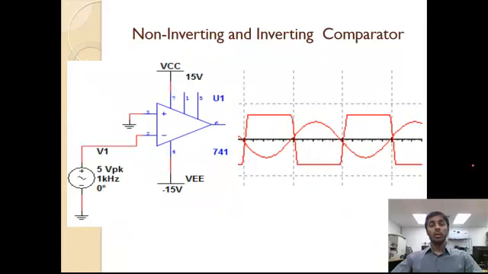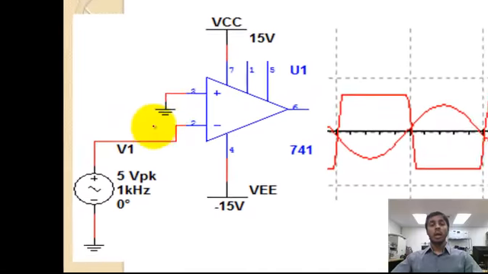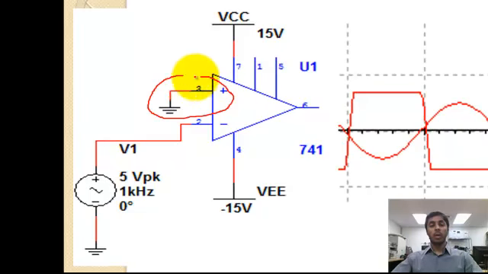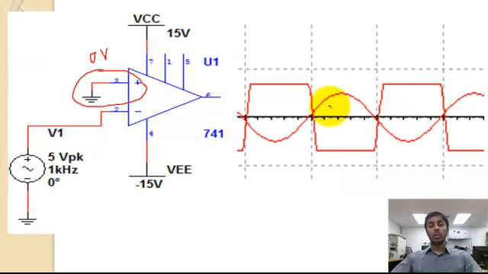Now look at another circuit where the input signal is connected to the inverting terminal and the non-inverting terminal is grounded. Observing the same positive and negative half cycles of a sinusoidal signal, during the first positive half cycle, V negative is greater than V positive, because V positive is held at 0 volts and the negative terminal is getting the positive cycle.